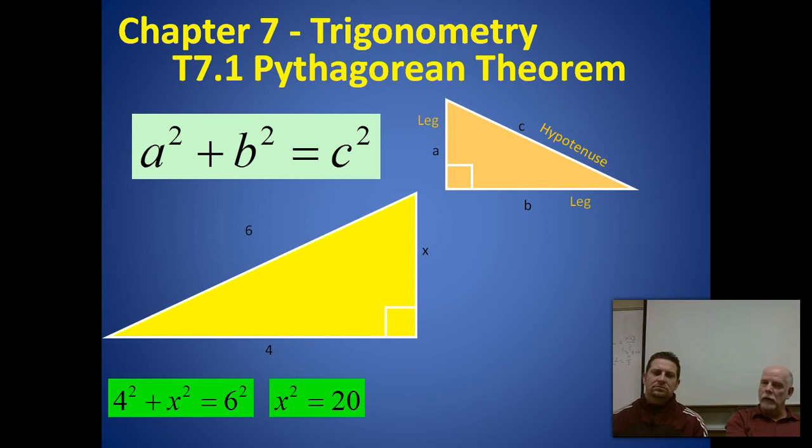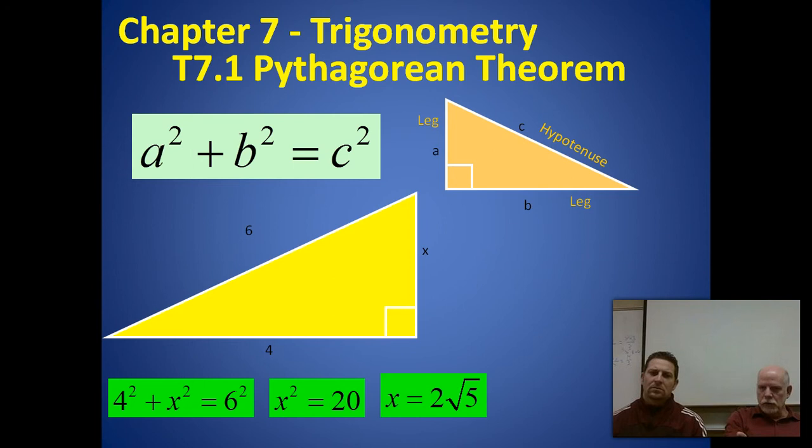Now here's what I was talking about. You've got to remember how to simplify some of this. To solve that equation for x all by itself, you need to take the square root of both sides. X is being squared, we do the opposite, so you take the square root. If you take the square root of both sides, we get x is equal to radical 20. But inside radical 20, you can break that down with our factor tree, 2 times 10, 2 times 5.